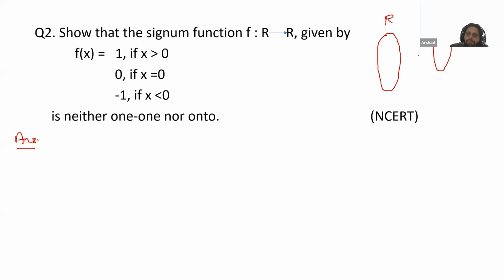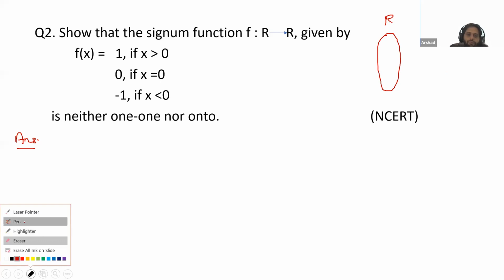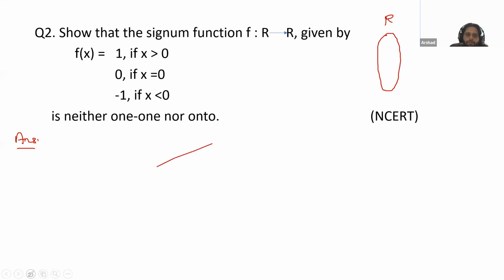Real numbers. If we need to show this is not one-to-one, then we need to give an example of two numbers for which you will get the same image.